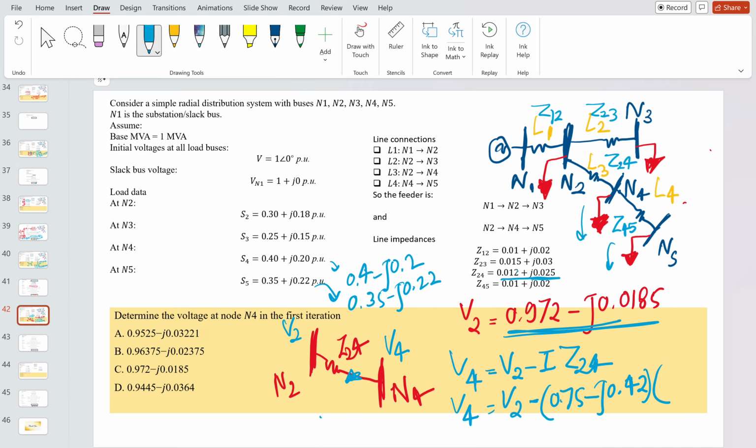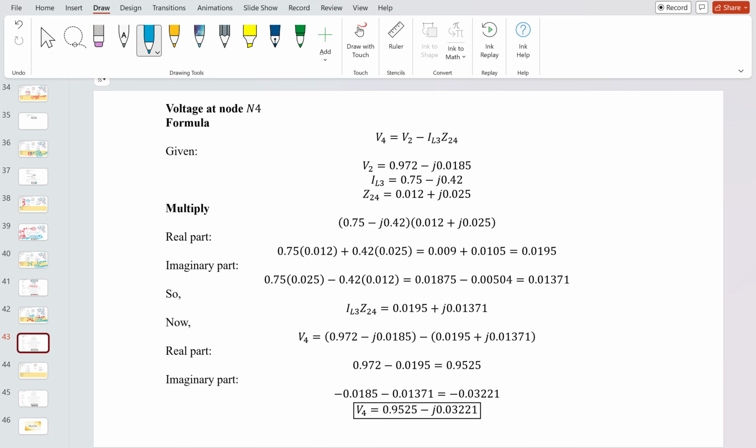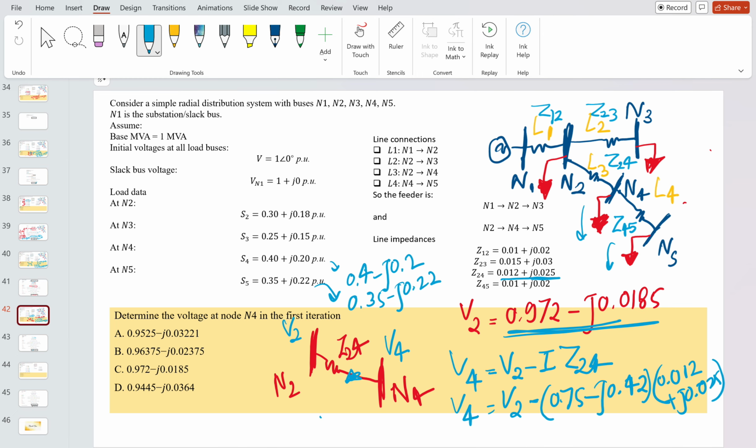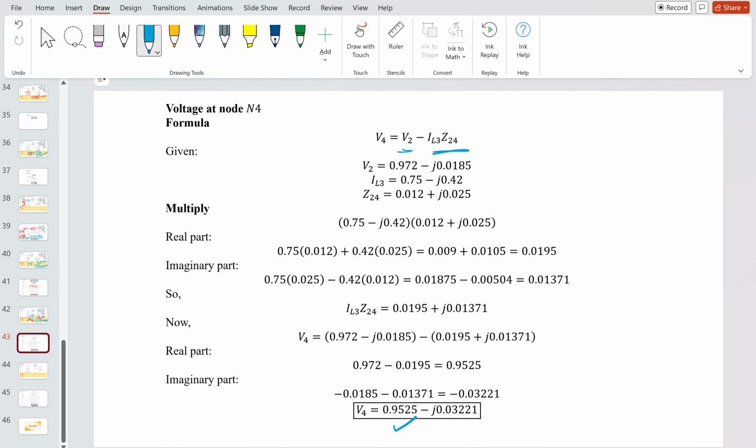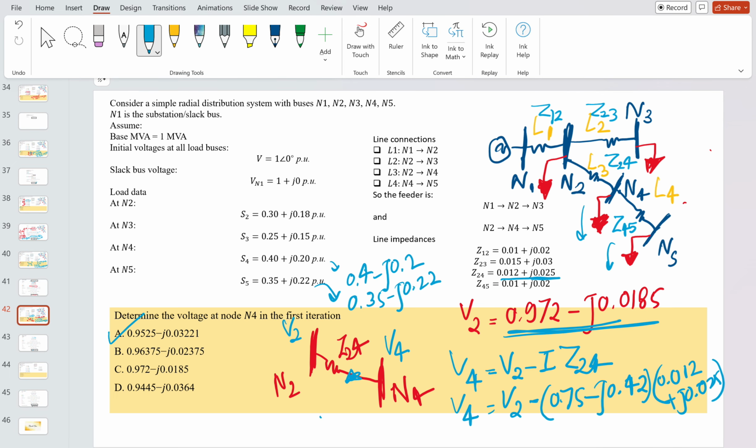Z24 is already given here, 0.012 plus j0.025. V2 we already know, so from this we can calculate. V2 minus the current times Z24 will come out to 0.9525 minus j0.03221. That is option A, which is correct.